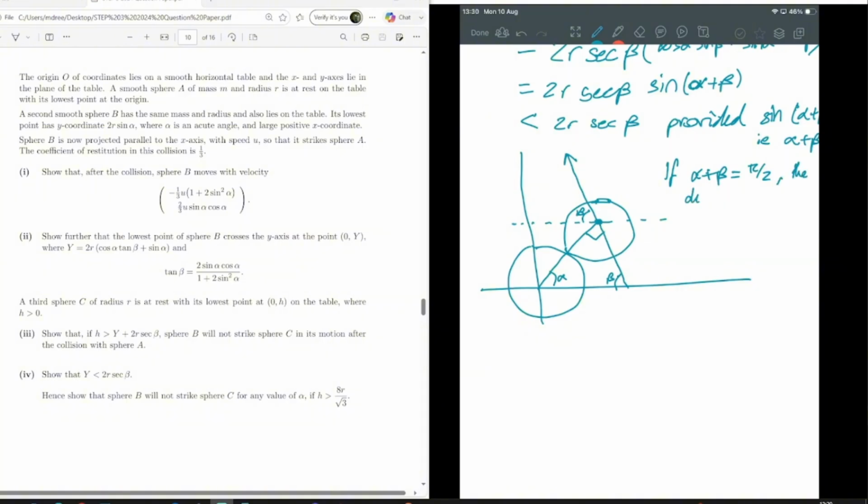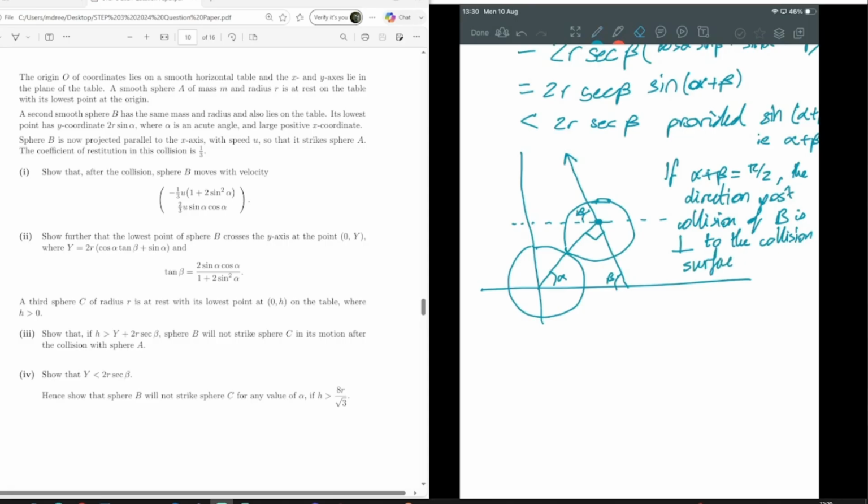The direction post collision of B is perpendicular to the collision surface. Sorry, let me get that back.